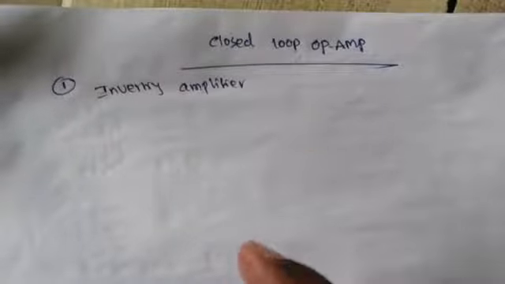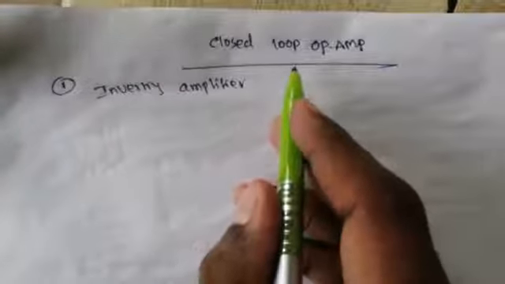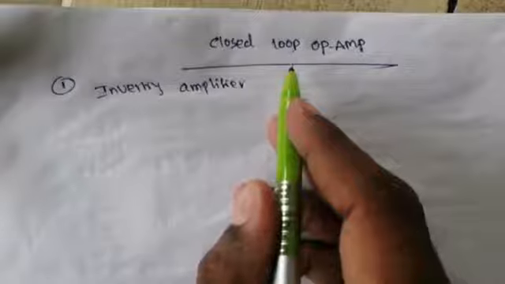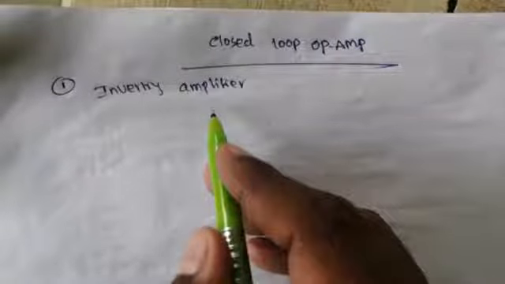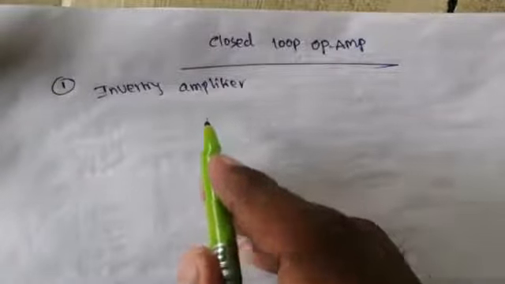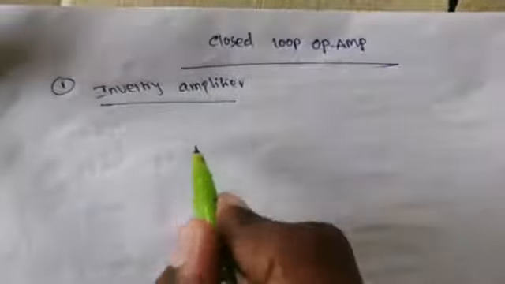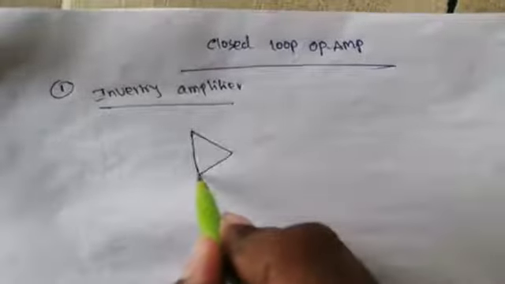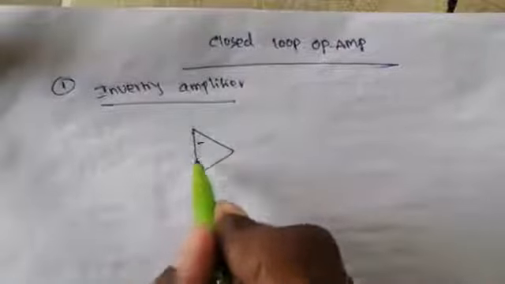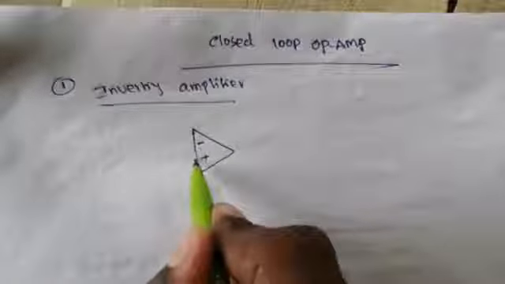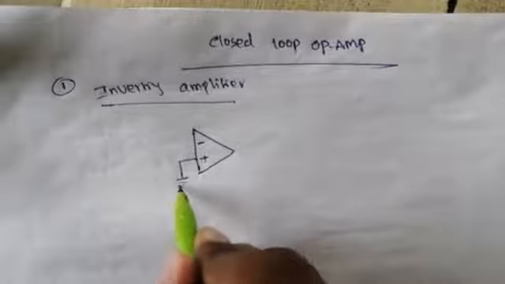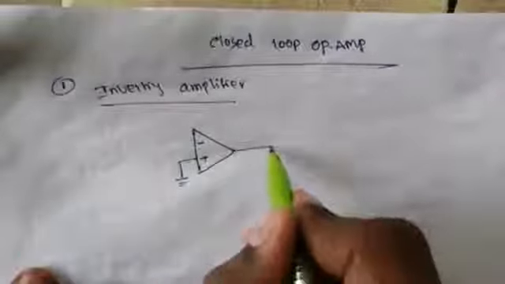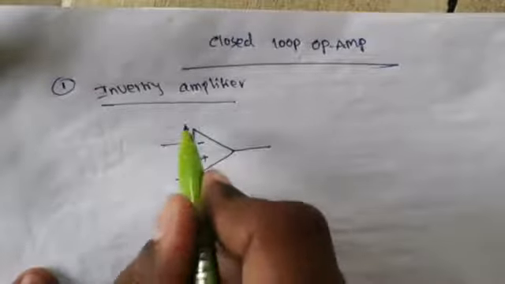Coming to the closed loop operational amplifier, that means with feedback. With feedback, again it will have inverting mode, non-inverting mode as well as differential mode. First of all, we have to see the inverting mode operational amplifier. Here the non-inverting terminal should be grounded. Now we have to apply the feedback.